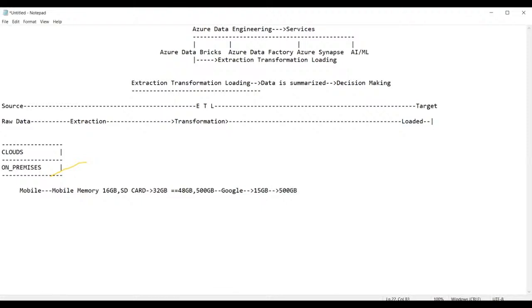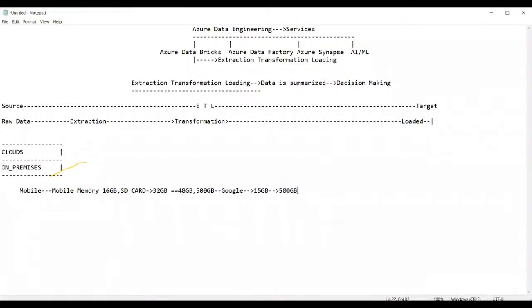So will Google provide you 500 GB of memory free of cost, or will they charge something for it? They'll charge. That means after 15 GB, even if you store 0.1 MB also, it is going to charge you. So you can buy the space on Google Drive by paying some cost.